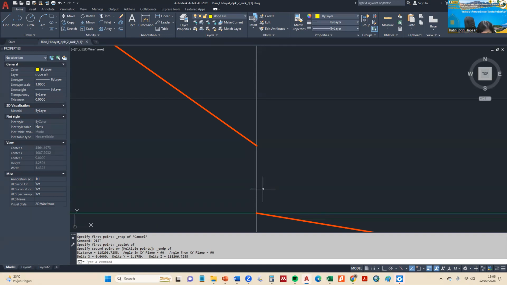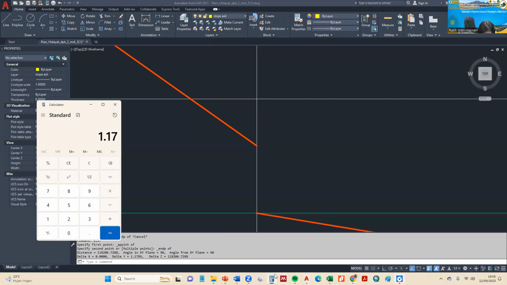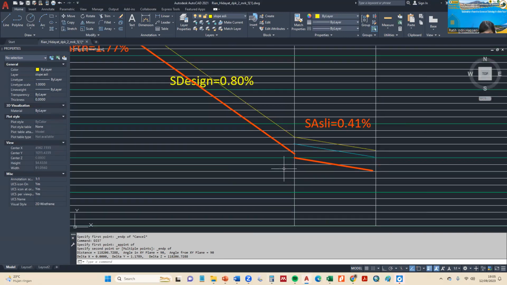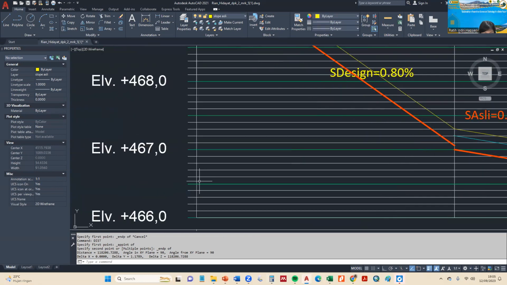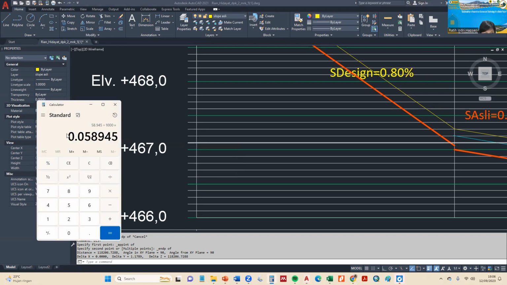So it means how much from this part? We calculate 1.1789 times 50 divided by 1000, correct? 0.05, is it correct? 0.05 above this elevation. This is 0.05. 467.101. Yes. So the elevation is this one plus 467, yeah. This is the elevation.